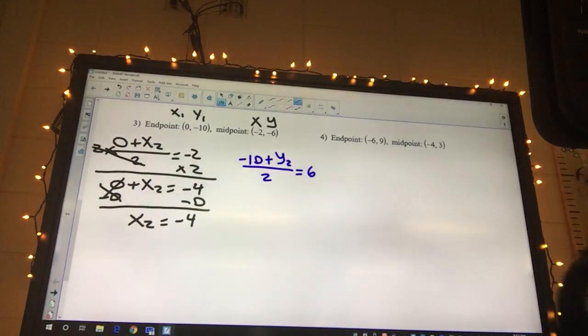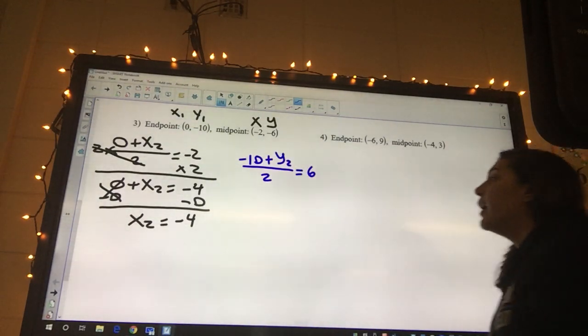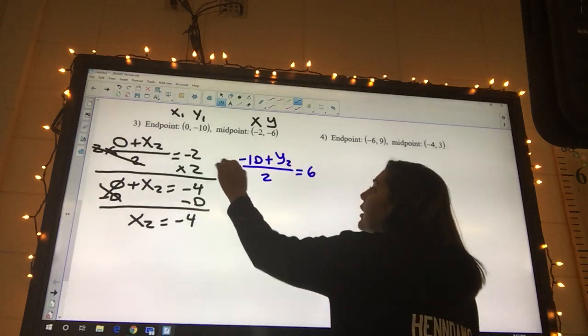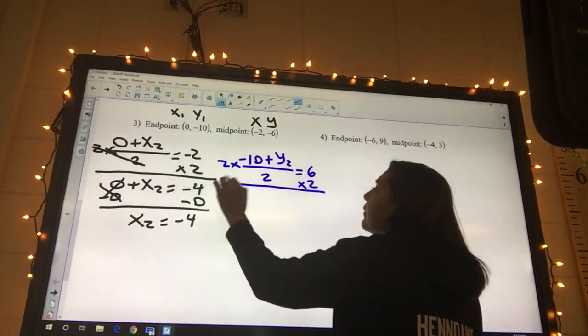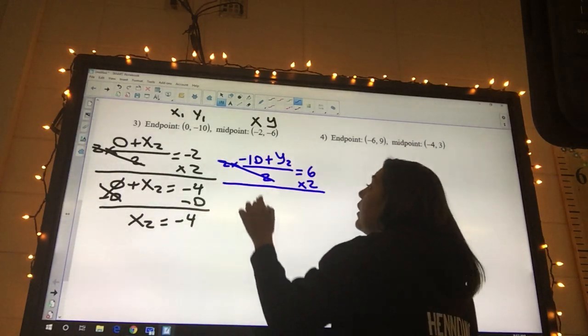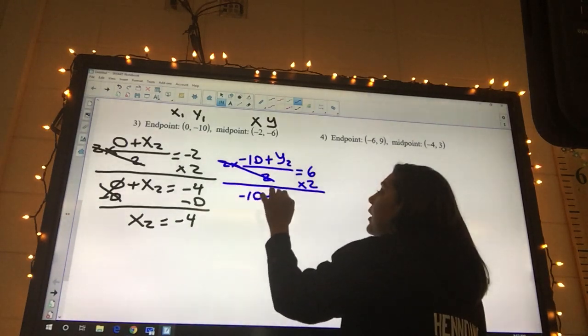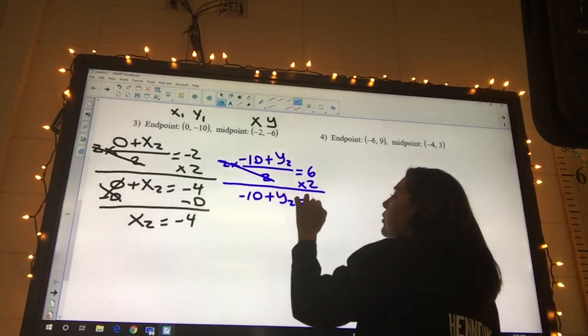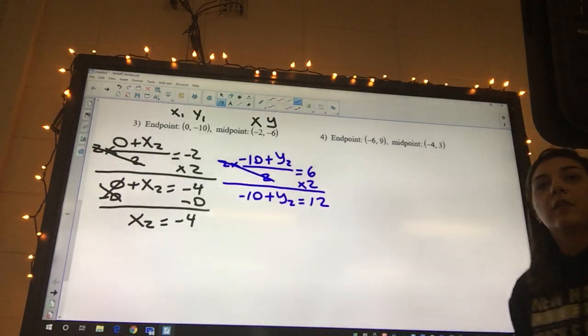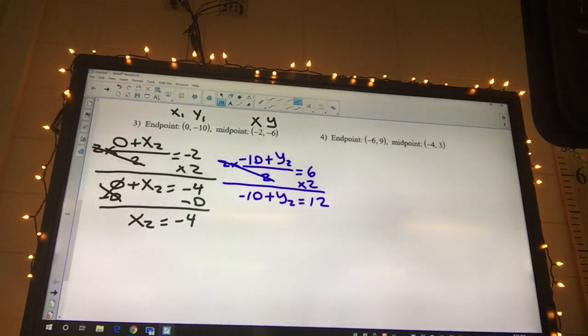Okay, so I got -10 plus y sub 2 over 2 equals 6. So what do I need to do first? Multiply both sides by 2 to get rid of that 2 on the bottom. So I got -10 plus y sub 2 equals 12. So how do I get y sub 2 all by itself?